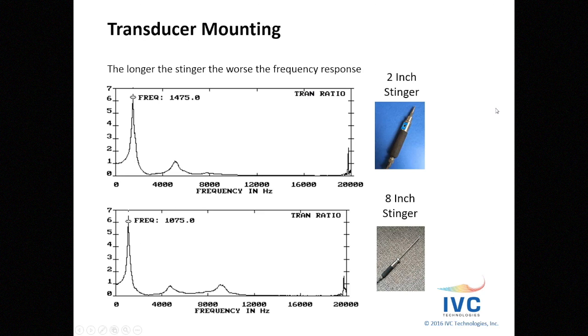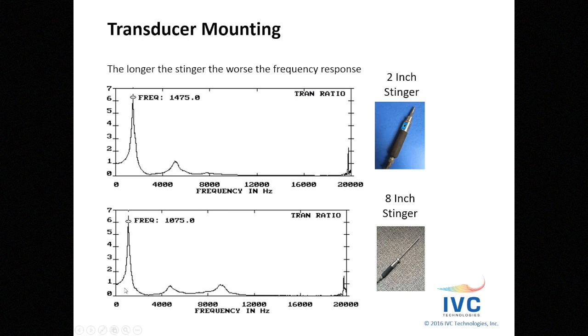Lastly, stingers. I'm not a big fan of stingers, but there's some scenarios where that's the only thing you can use to get in and get a measurement. One thing to remember, the longer the stinger, the worse the frequency response. With a 2-inch stinger, you're maybe at a kilohertz, if that.